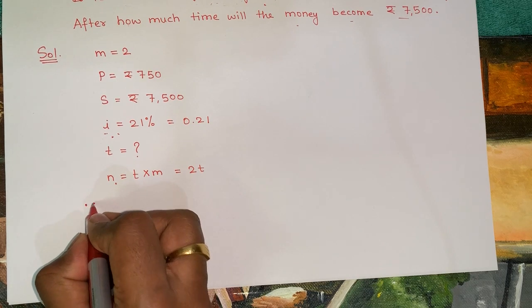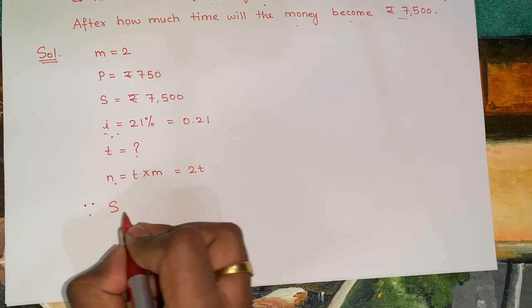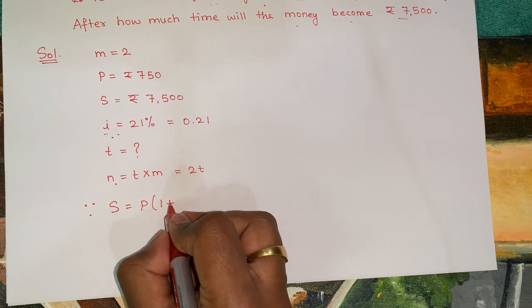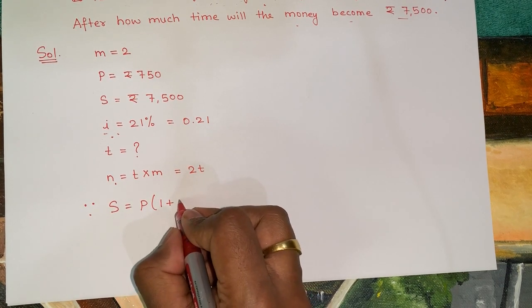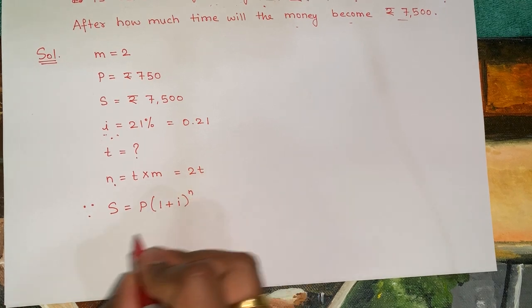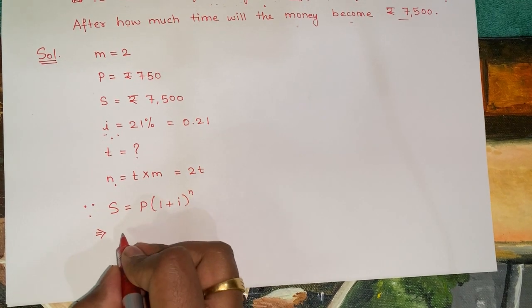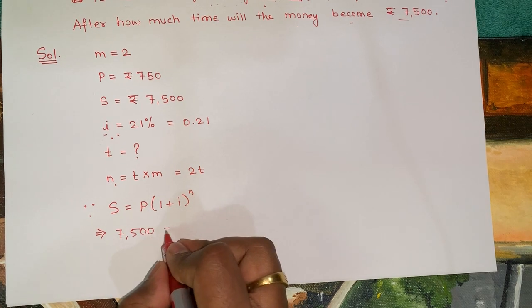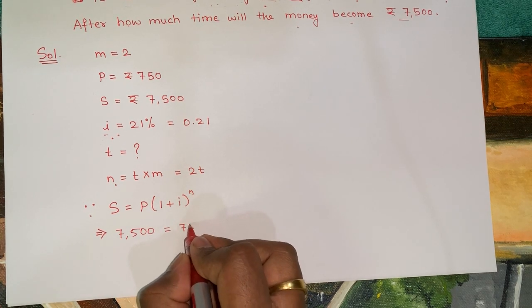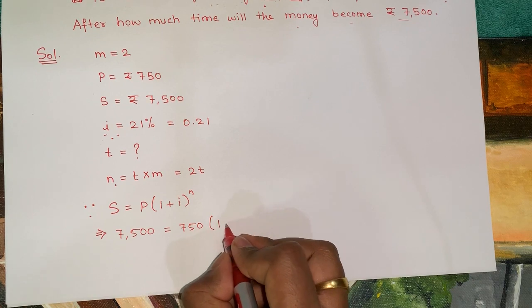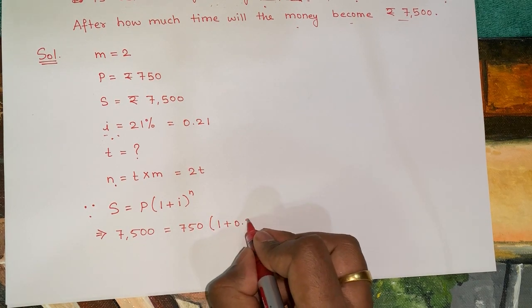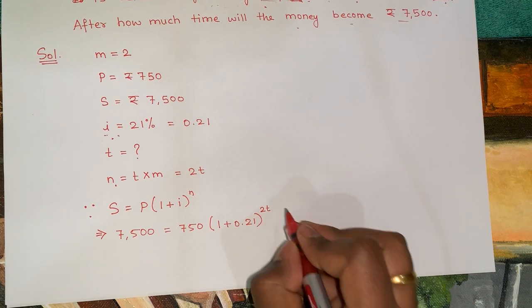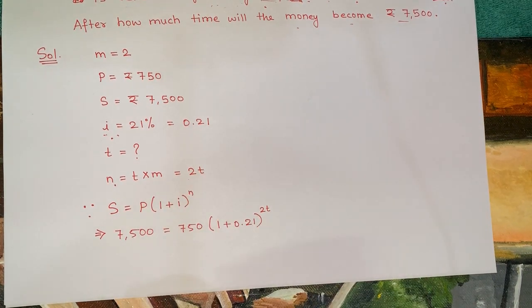Now we all know that amount is equal to P into (1 plus I) to the power N. Let's put the values. Amount is 7,500, which is equal to principal, that is 750, into (1 plus I), that is 0.21, to the power N. N is not known, it is 2T.